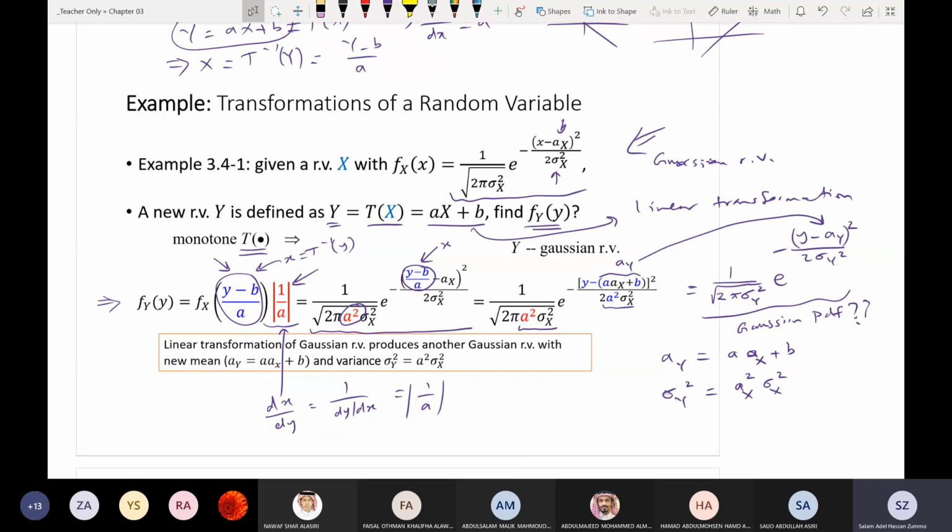If we have a Gaussian random variable, then the linear transformation of a Gaussian random variable gives you another Gaussian random variable. The only difference is that the mean will be different.